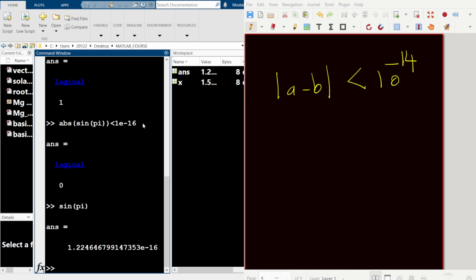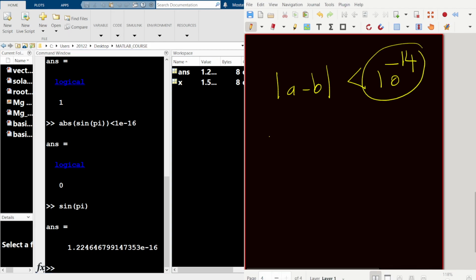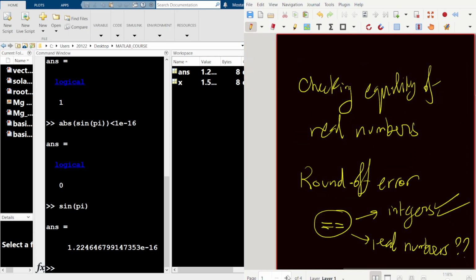Because of this, my recommendation is that the small number that you use for checking purposes is 10 to the power negative 14. On one hand, it's very rigorous, and on the other hand, it's not so small that it makes round off problematic. So let's recap. If you have two numbers and you are trying to check their equality, if the numbers are integers, then it's totally fine to use the relational operator double equal sign.